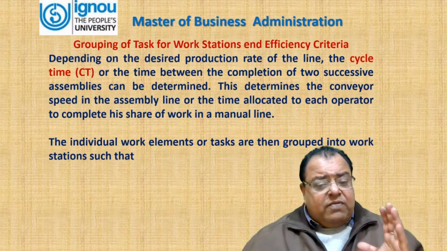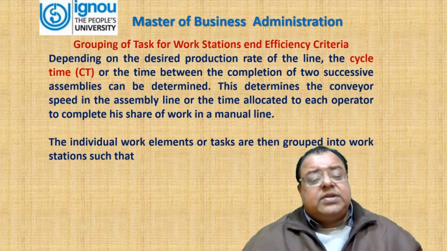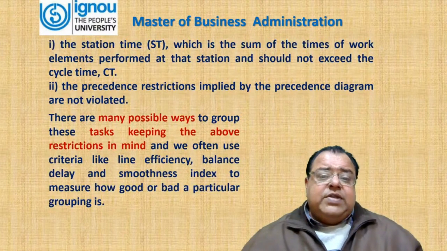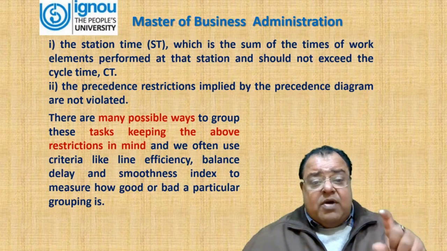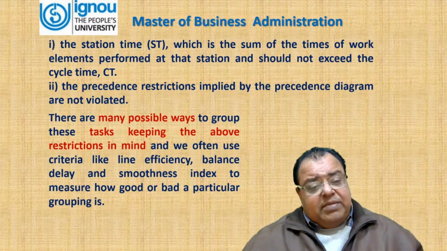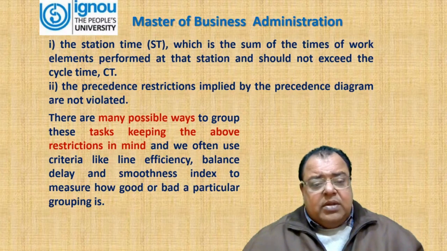The individual work elements or tasks are then grouped into workstations such that the station time, which is the sum of the times of the work elements performed at that station, should not exceed the cycle time, and the precedence restrictions implied by the precedence diagrams are not violated.